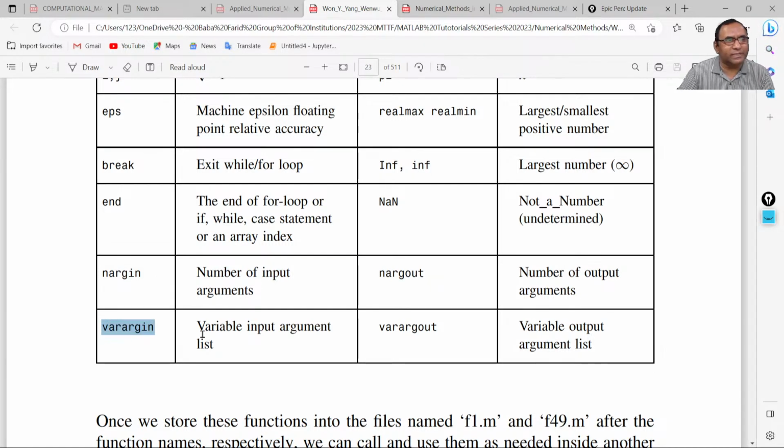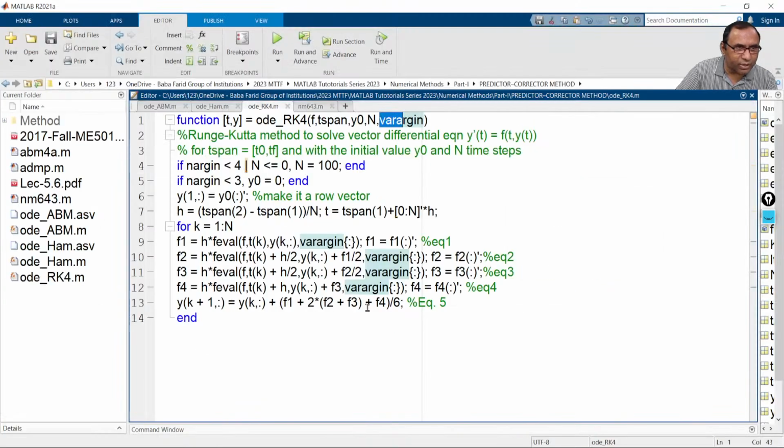How many variables are in the input argument list? So this is the only use, and by using these we make an errorless function code.